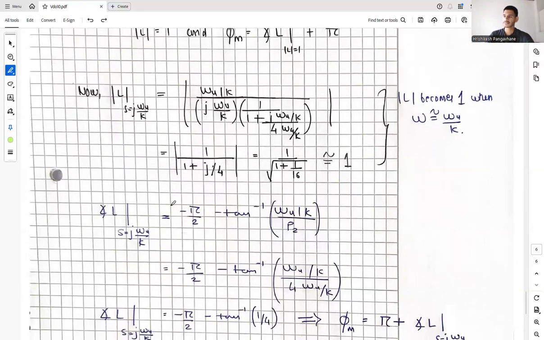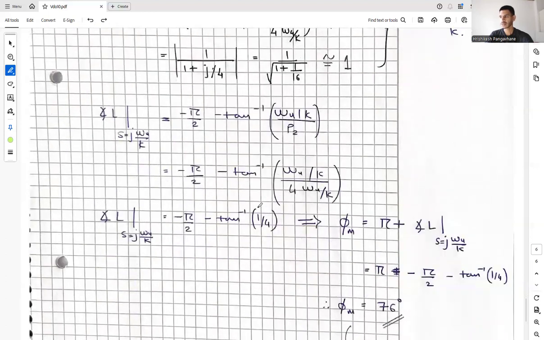So now let's see the phase of loop gain when s = jω_u/K, which is equal to -π/2 contributed by the integrator, plus the contribution of the pole, where our ω is ω_u/K.